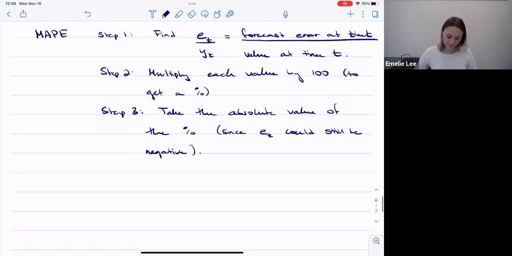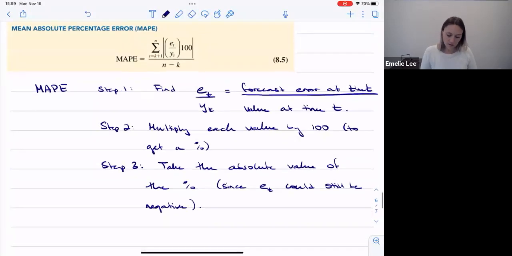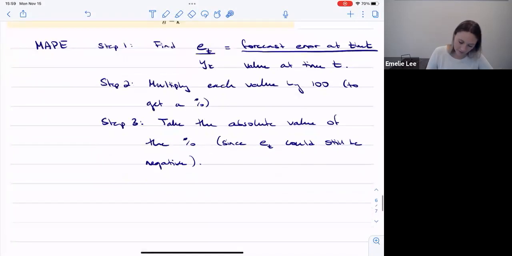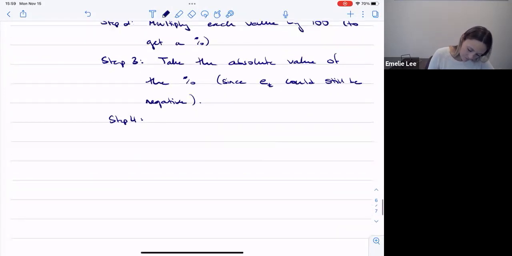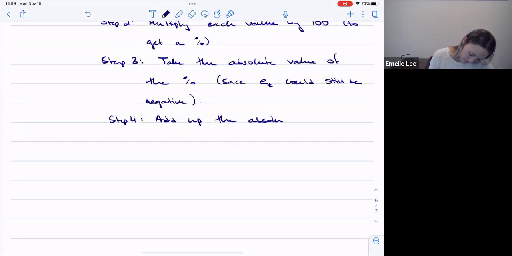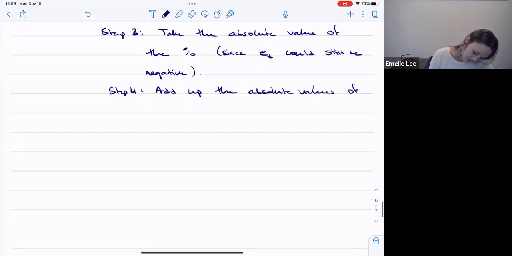Okay. Then step 4, add up the absolute values of the percentages.